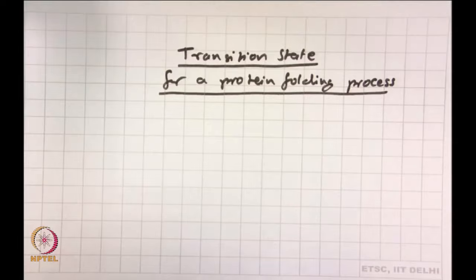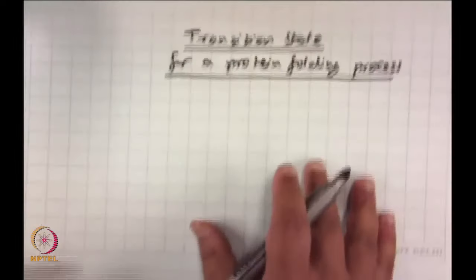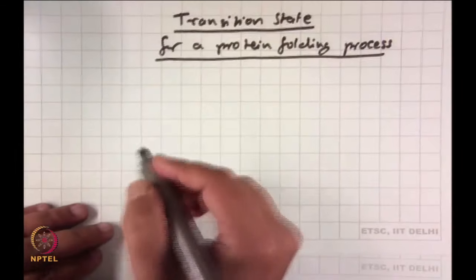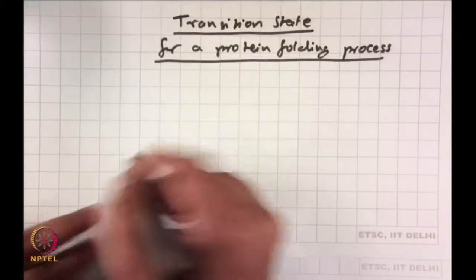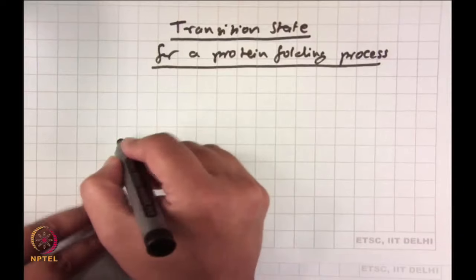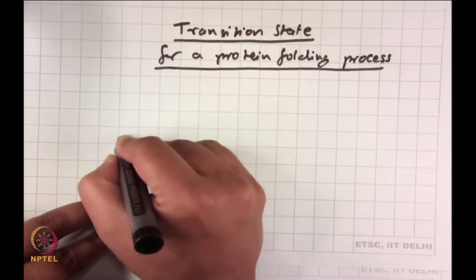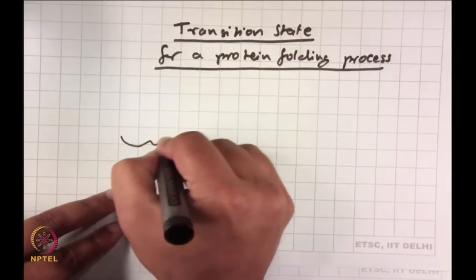Okay. Now, this drawing is exactly not to scale, but let us try to do it. So, suppose I am going from the unfolded side to the folded side. Now, let me draw it first, then I will explain it to you, then you can draw it by yourself. It is very simple actually.